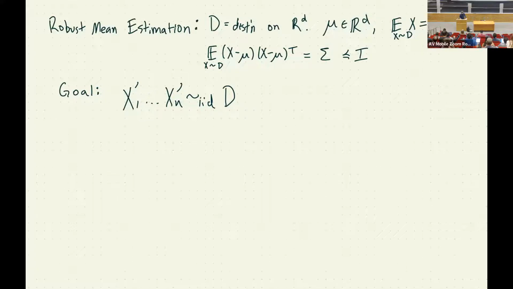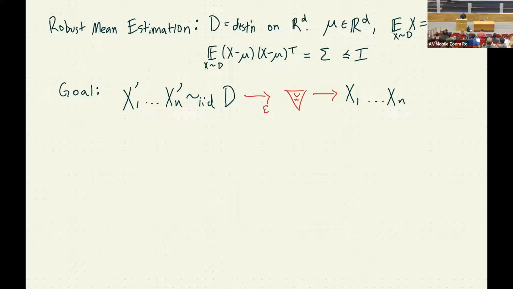Those samples have been handed to a malicious adversary, an evil guy. The malicious adversary gets to arbitrarily tamper with an epsilon fraction of them. Think of epsilon as like 1%. So 1% of the samples are maliciously tampered with. Then the adversary gives you back x1 through xn, of course not telling you which samples she's messed with.